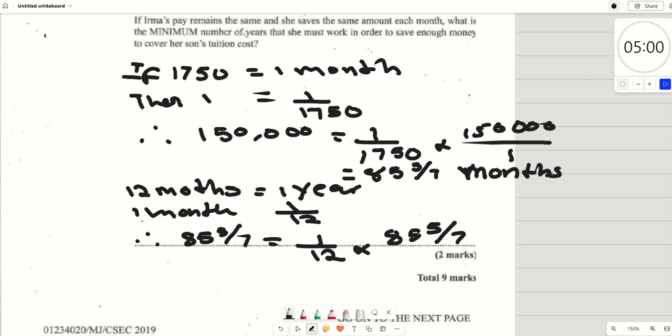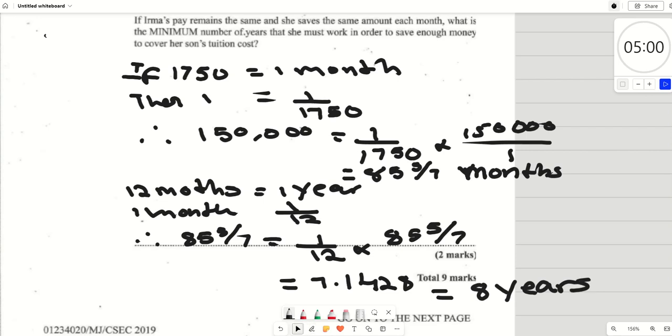Alright, so let us look at this. Divide this by 12. You're getting 7.1428. Now you can't have 0.1428 of a year. So instead of 7 years, it is going to be 8 years. And that would be the answer of this question.